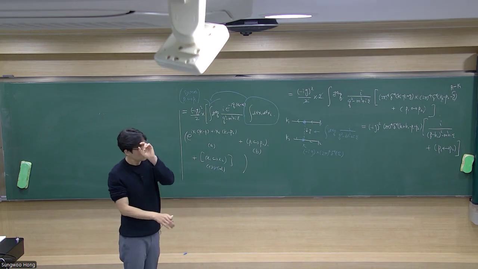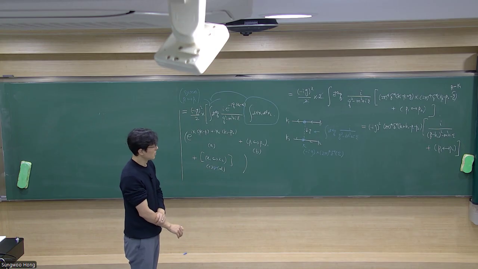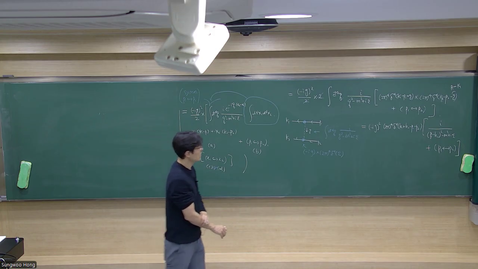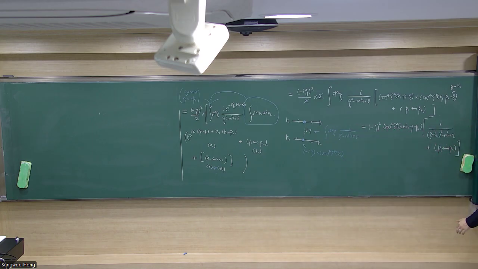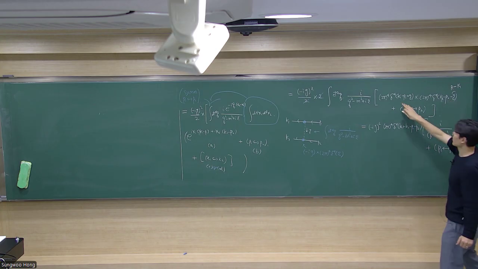Yes? The sign of the Q in the first delta function in the integral, how does it work? Apparently if we substitute Q to P1 minus K1, then the first delta function, the left one, this one.